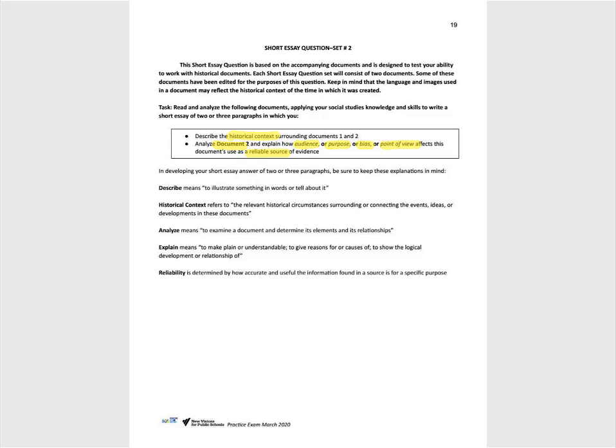Much like the short essay on the relationship of the documents, you are always going to see the same assignment page. This is never going to look any different regardless of the topic and the documents that are provided to you. So, knowing that, how are you going to address historical context, bullet 1, and reliability of document 2?